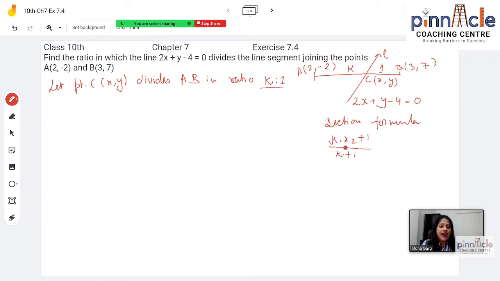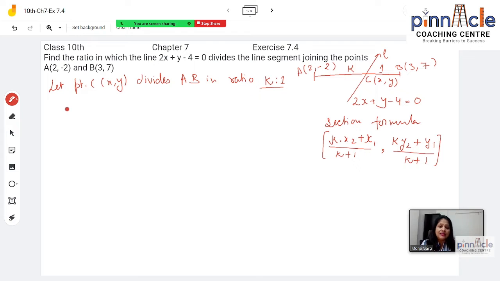Sorry, it's k x2 plus x1 because I am multiplying 1 with x1, and y, it is k y2 plus y1 divided by k plus 1. So if it is like weightage of 2, 3, 4, in that case we have to write the formula always. And in 1 marker, it is your choice. If you can manage time, then it's okay. Otherwise, you are going to get 1 mark for the answer only.